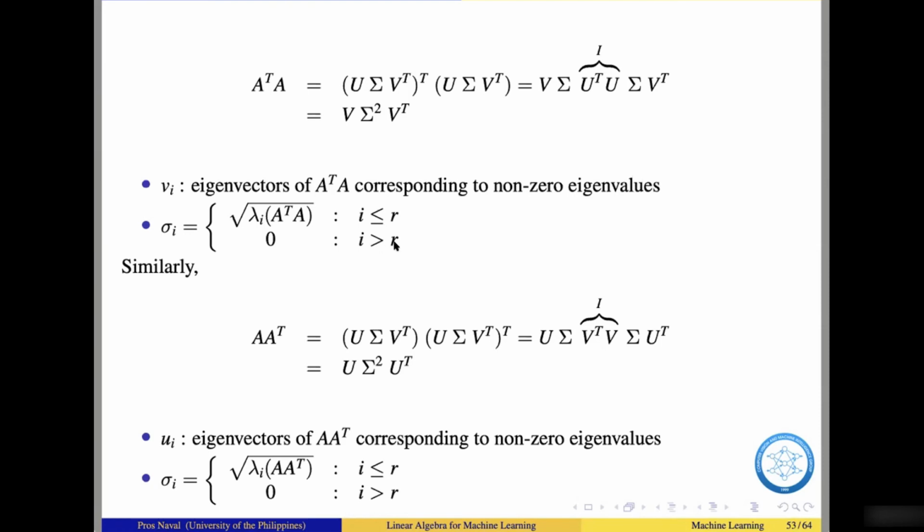Now, when i is greater than r, the rank of the matrix, the singular values become zero.